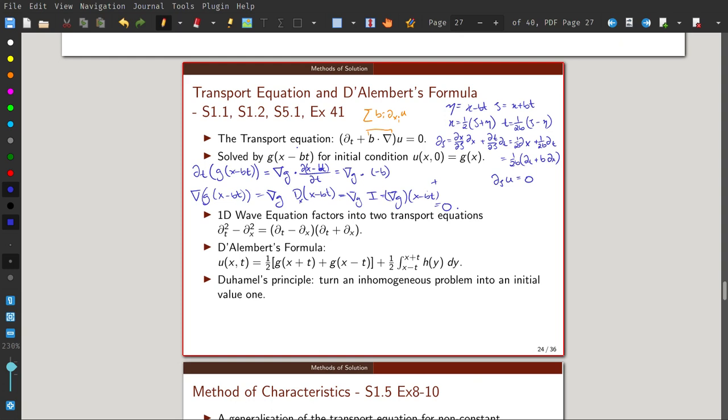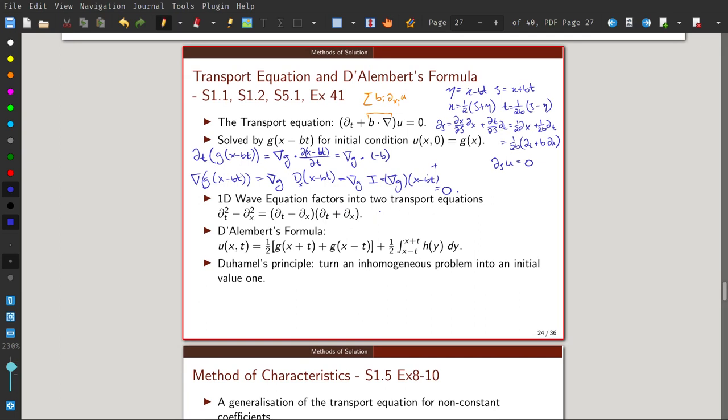Okay, so now we have the one-dimensional wave equation, which by virtue of being a hyperbolic equation factorizes into two transport operators. Here we have b equals 1 and b equals minus 1. And what you can do from this factorization is you can solve two problems one after each other.